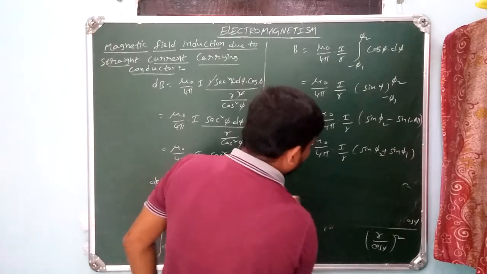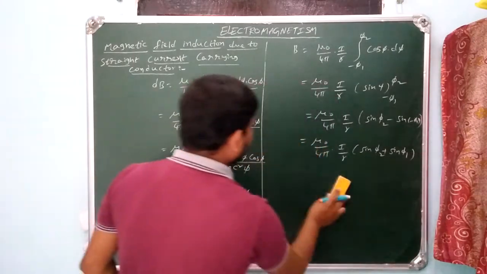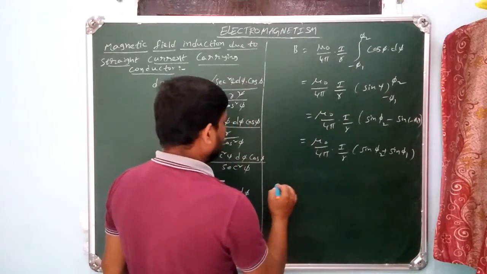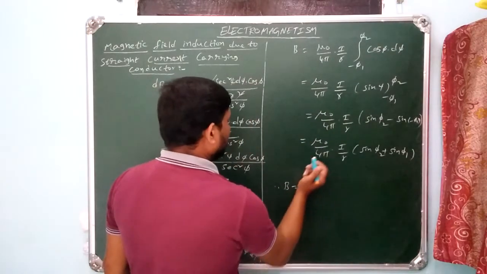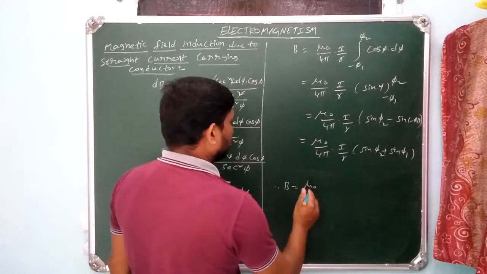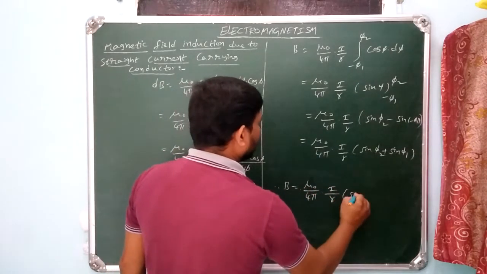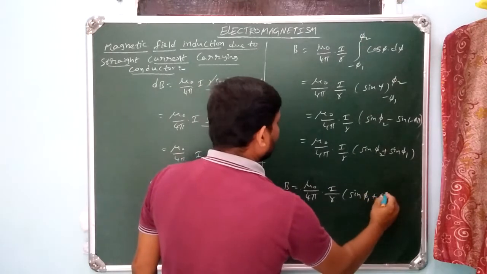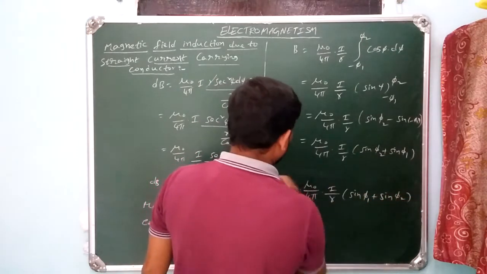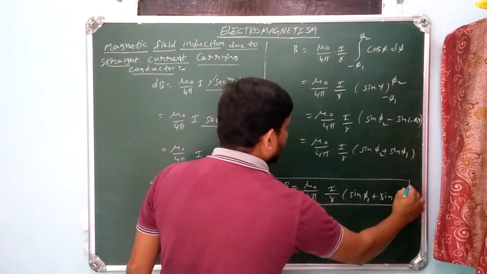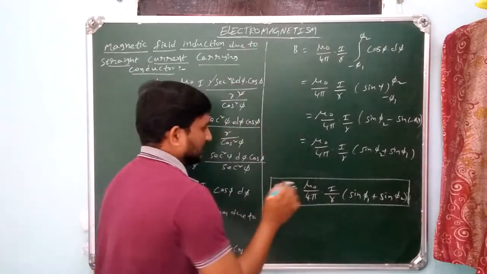Therefore we finally get the magnetic induction due to a straight current carrying conductor: B is equal to mu naught by 4 pi into I by R into sin phi 1 plus sin phi 2. This is the formula for magnetic field induction due to a straight current carrying conductor.